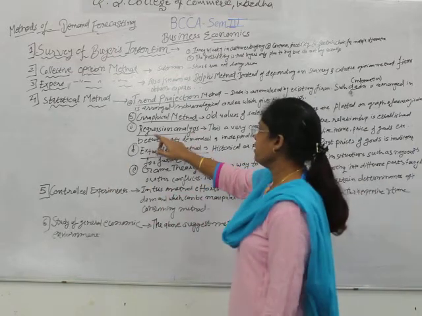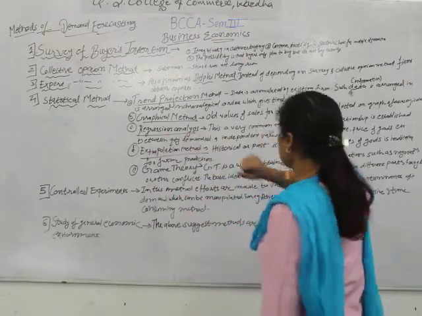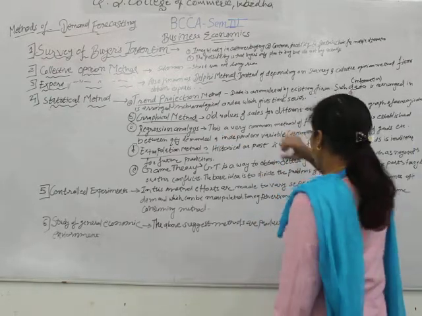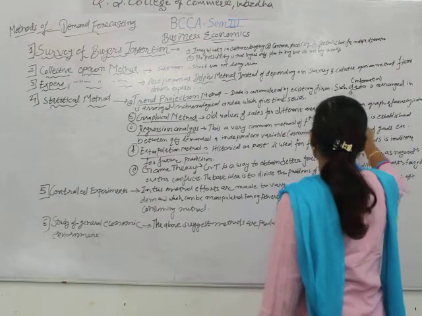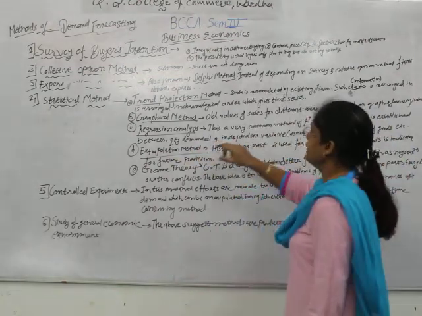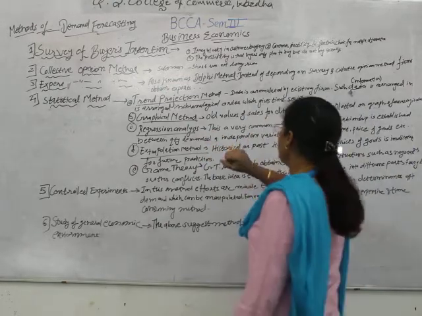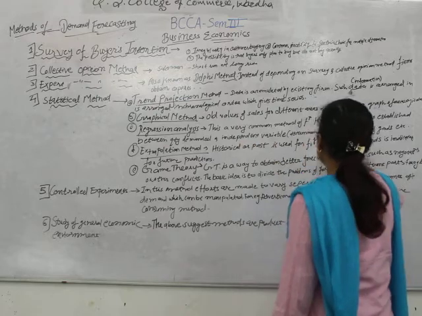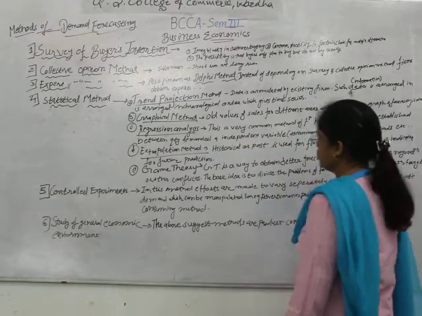Okay, so next is regression analysis. Regression analysis is a very common method of demand forecasting. Here a relationship is established between the quantity demanded, which is the dependent variable, and the independent variables. The independent variables are like income, price of the goods.